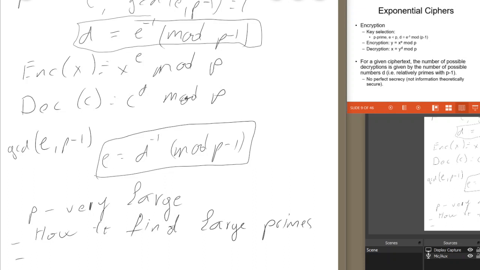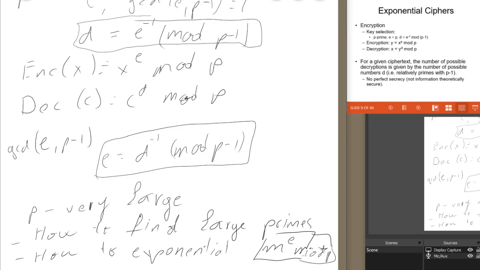And second, how to exponentiate the message at power e mod p efficiently. Okay, so these are complicated issues, and we are going to find the solutions to this.